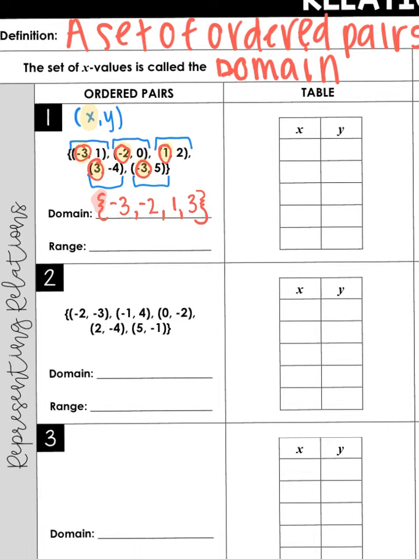The range is all the X's, or is all the Y's, sorry. So the range is all of the Y's. So the range is going to be the second number in the parentheses. So that is my green number. So put it in little brackets, smallest to biggest.